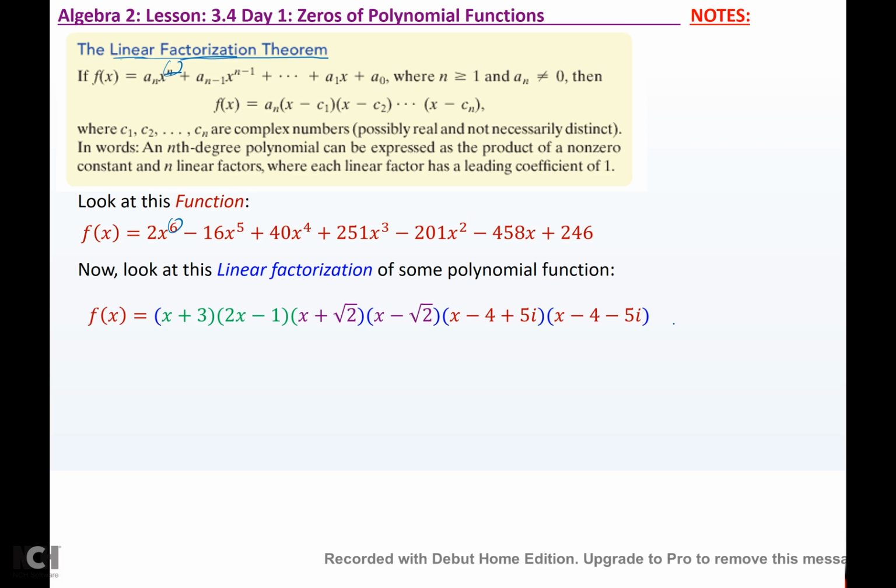Now, I did this on purpose so that you could see the different kinds of factors. Notice how I kind of color-coded them.